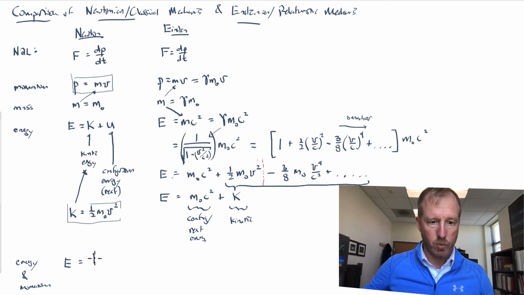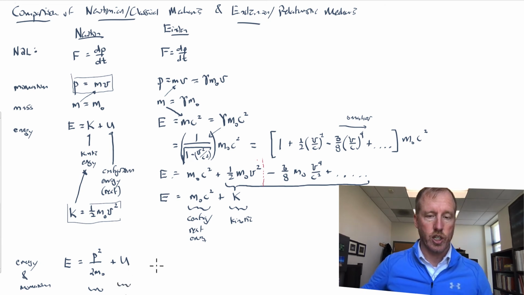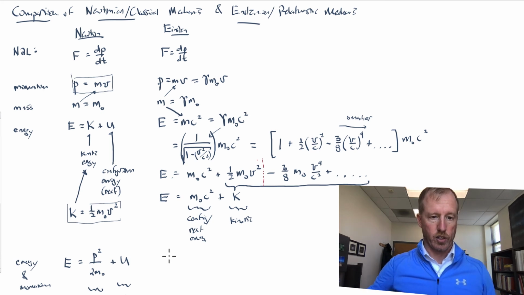You'll get p squared over 2m naught, this is the kinetic energy, plus this potential energy. Okay, so this right here is once again the kinetic energy, the energy associated with motion, and this would be the potential energy, or the energy associated with rest or configuration. That's the connection between energy and momentum according to the classical theory.